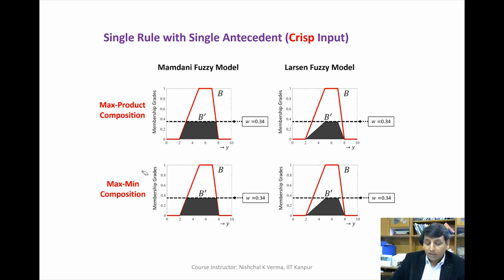As I have already mentioned, as output we are getting a fuzzy value, and this fuzzy value can be defuzzified by using suitable defuzzification techniques, and we get the crisp value as a result.